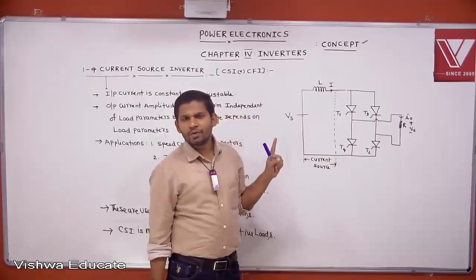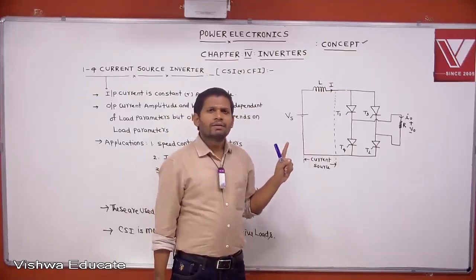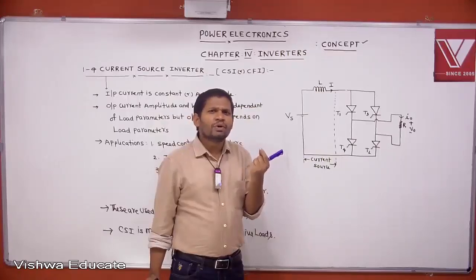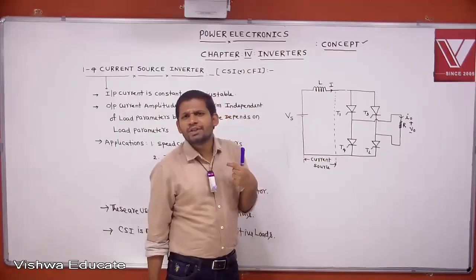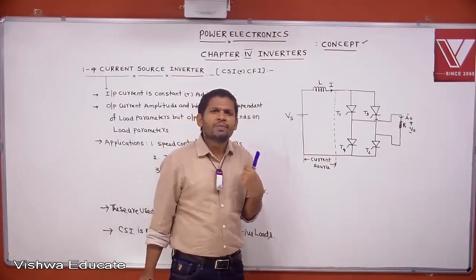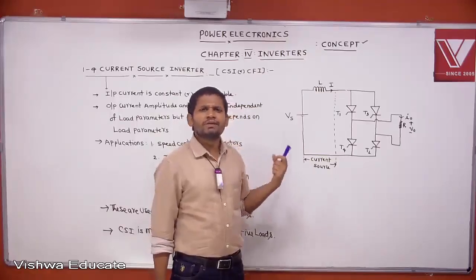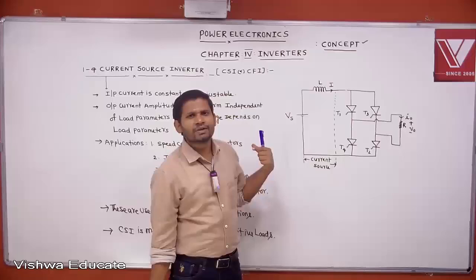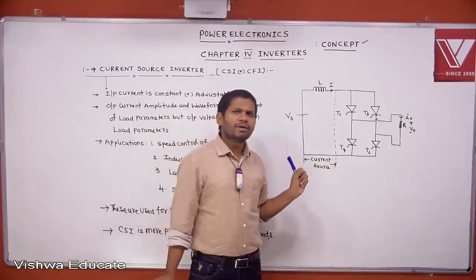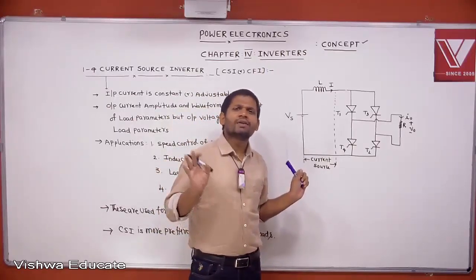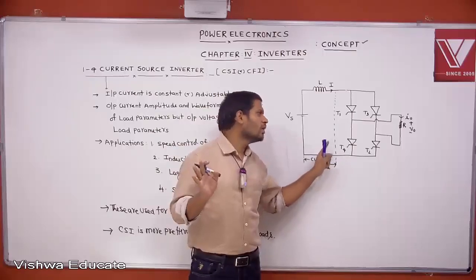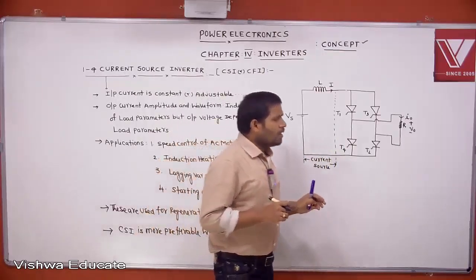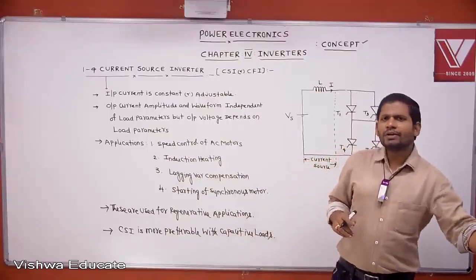GTO is not preferable for high power applications in a current source inverter. Simply remember, devices which withstand high reverse voltages are more preferable for a current source inverter. Now I want to explain the circuit operation for resistive load.